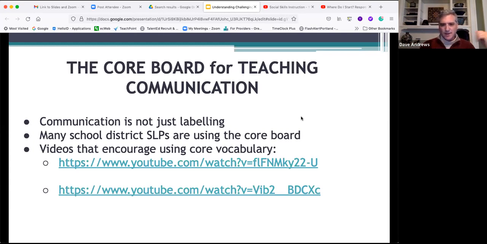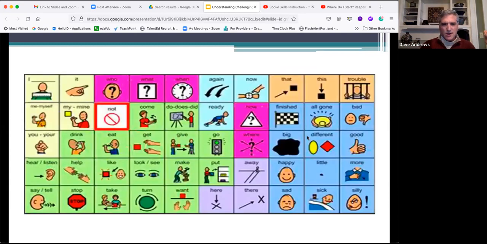So for the core board, I'm going to share an example here. We've got the I, it, mine in the yellow. In the green, we have all these verbs: drink, eat, get. So get is a word we use a lot. And sometimes we fail to teach get. Go get it. So give, go.